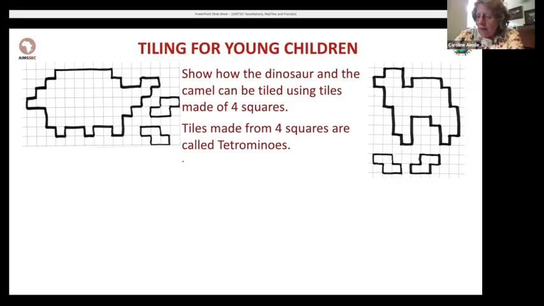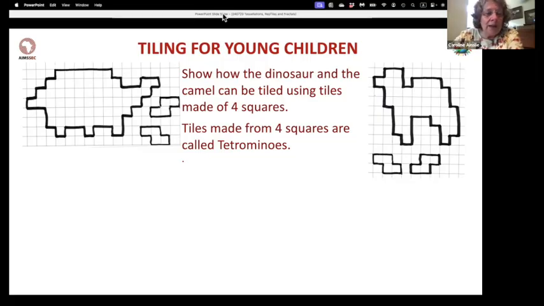So tiling for young children. The experiences that young learners have are all building them up to being capable mathematicians and becoming more and more capable. And it starts in the early years with pure experiences.